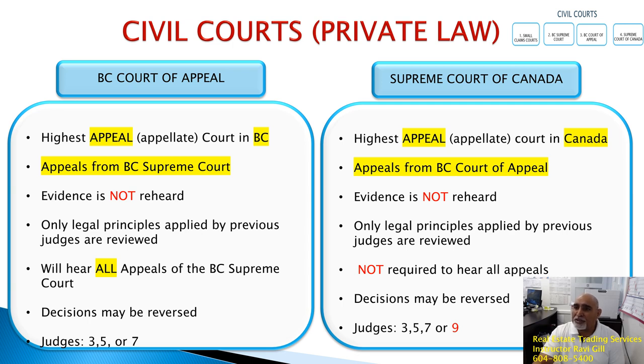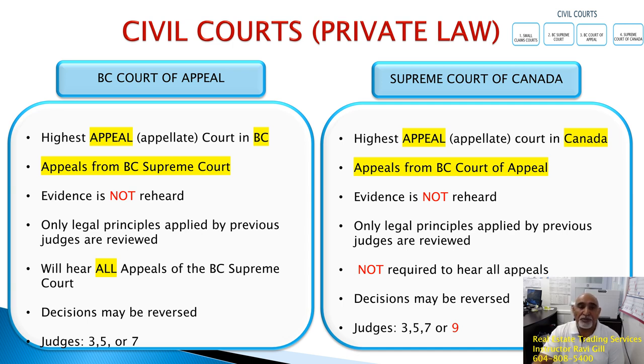This is only an appeal court, so it's really the highest court in BC. This is the highest trial court in BC. This is the highest court in BC. This is the highest court in Canada, even though it's only an appeal court.